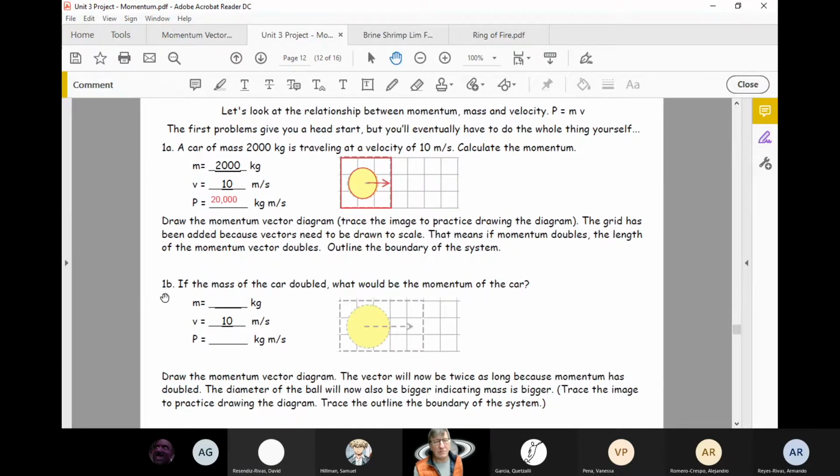Okay, next problem, 1B. If the mass of the car doubled, what would be the momentum of the car? How about Josh? What's our mass going to be? If the mass doubled, well, we have to refer back to the first problem to do that, I think, huh?